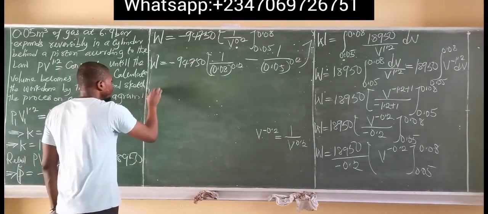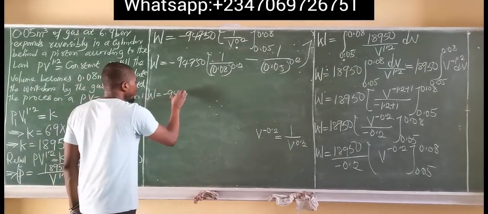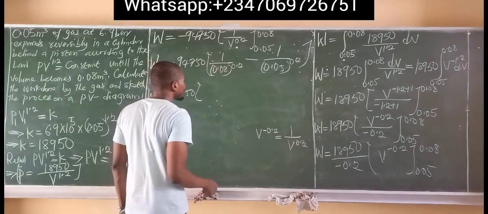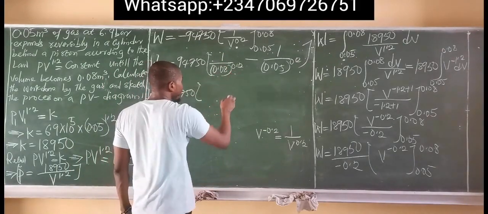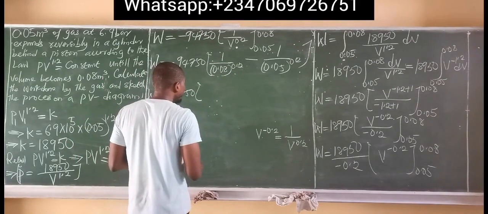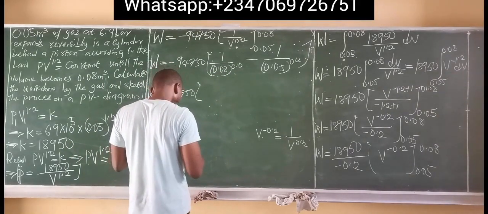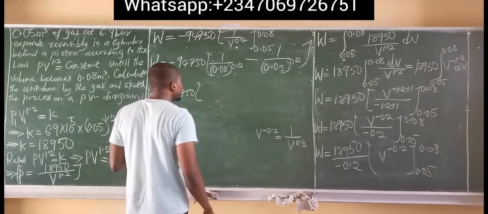So work done is equal to minus 94750 into, let's now obtain what is 1 all over 0.08 to the power of 0.2. First of all, I will do 0.08 to the power of 0.2, then 1 divided by the answer.